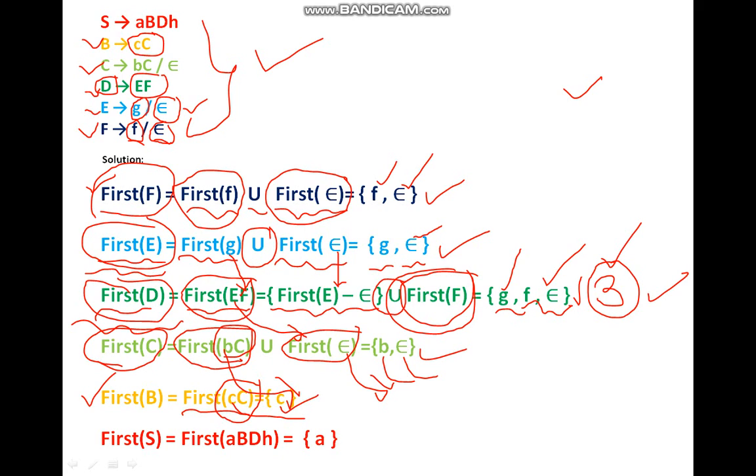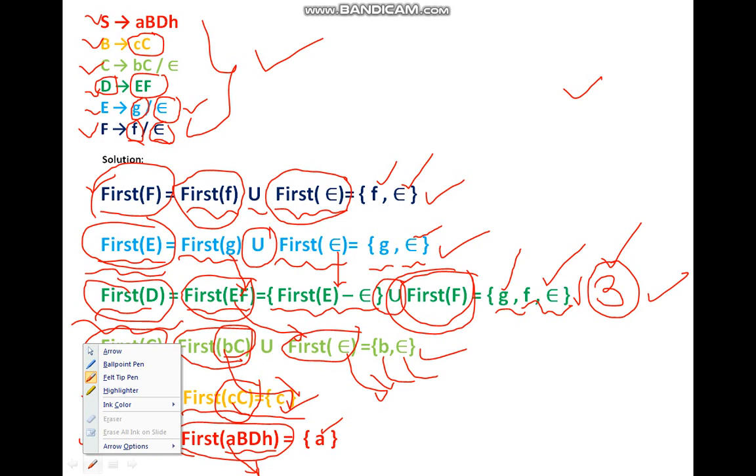Okay, so the answer would be small c. Now what would be first of S? First of S equals first of small a, capital B, D and H, and here small a is the first terminal in this entire string. That's why small a would be added in first of S.